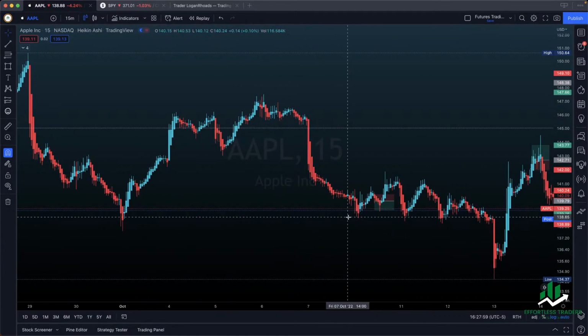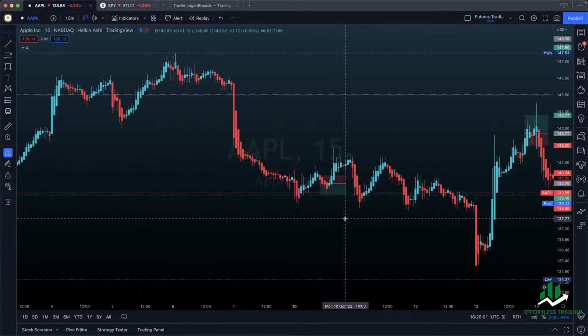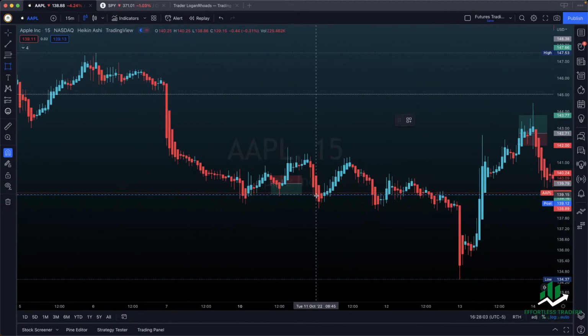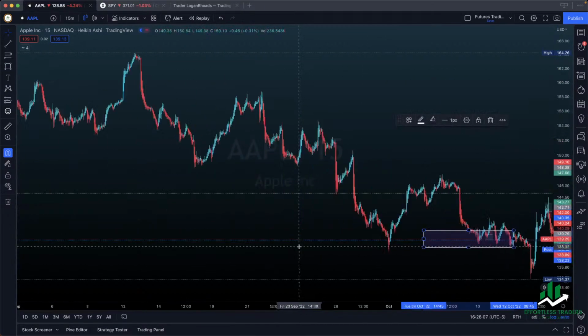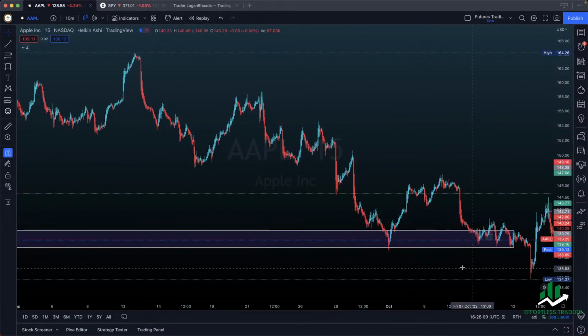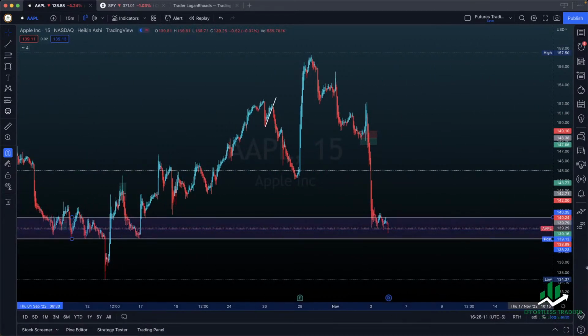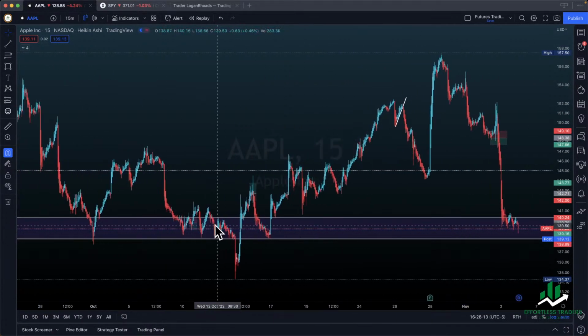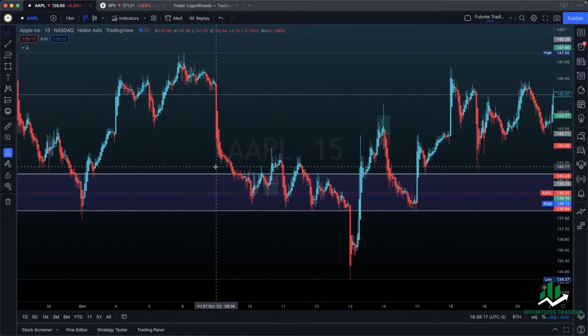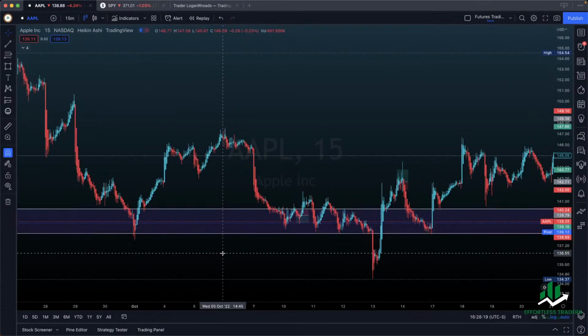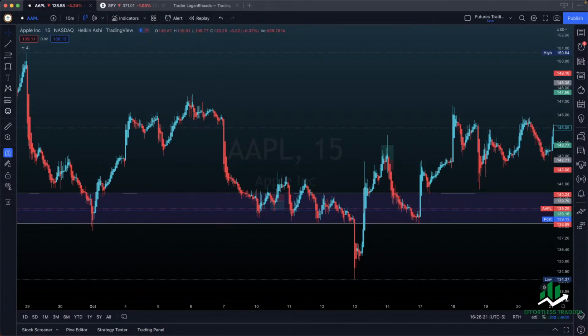All right, let's do this. We're going to go here to this top, drag it over, and we'll drag it back over here. And that looks pretty good. It's not the strongest zone, but it's a zone nevertheless.